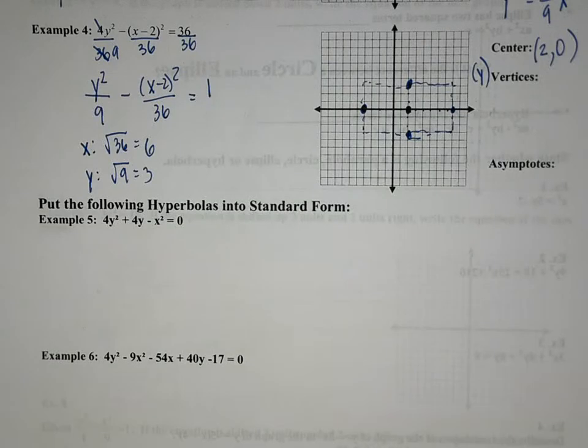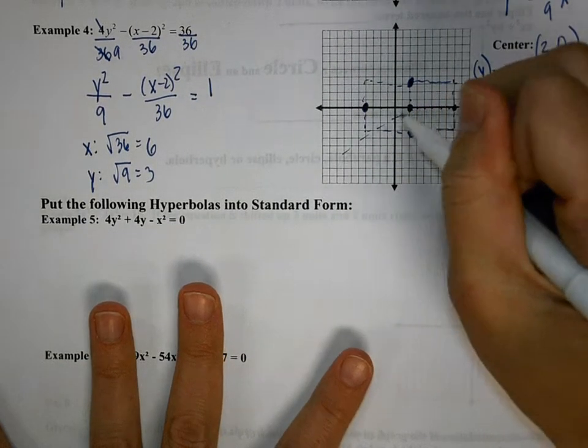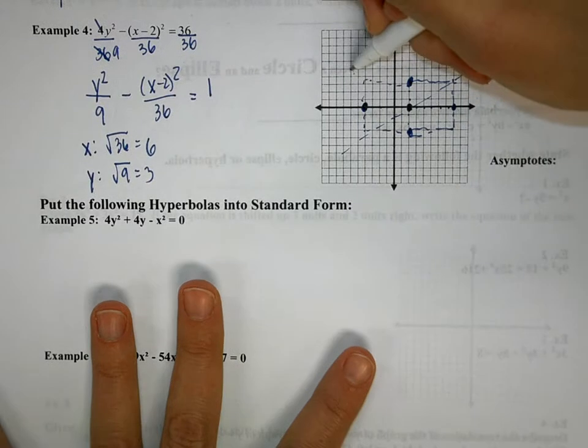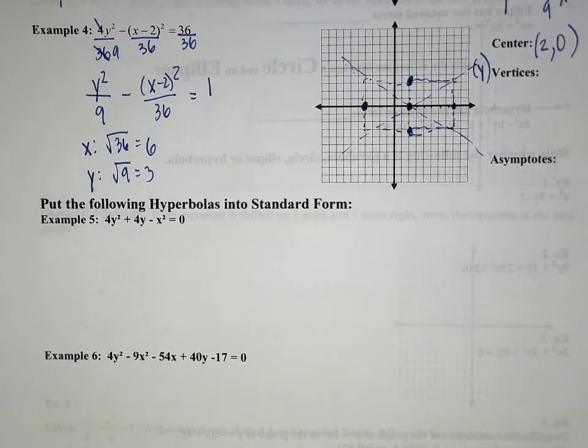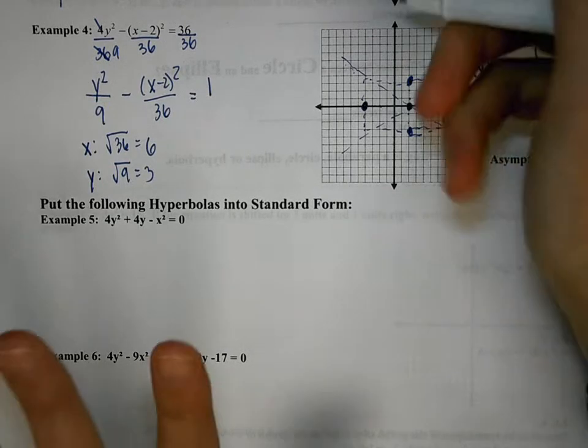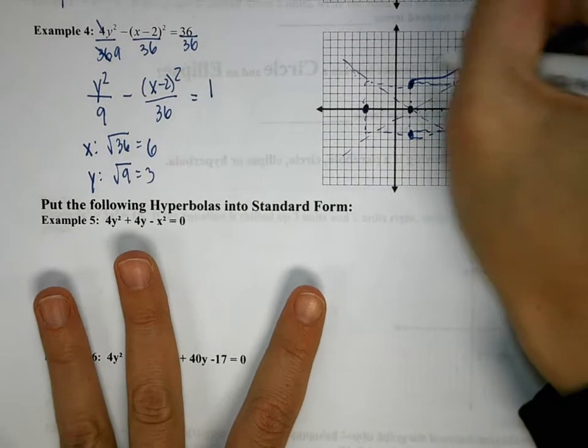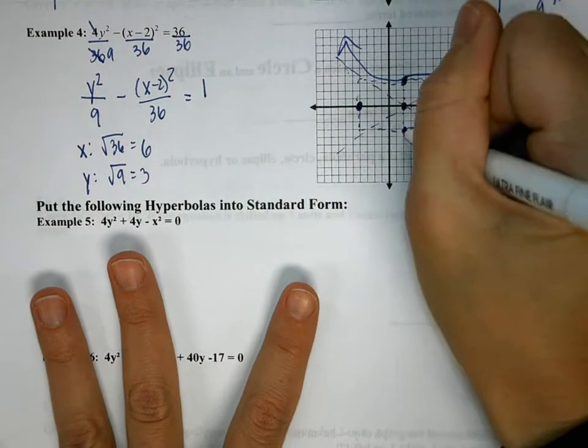Then what? Do your diagonals, your asymptotes, through there. Where were my vertices again? So I'm going to make my curves going on the y-axis, up and down. Very good. So this one curves up like this. This one curves down like this.